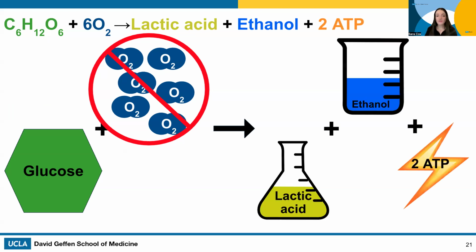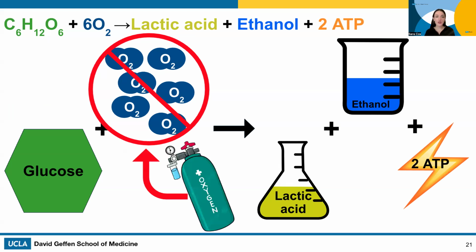Without oxygen, we end up with very little ATP, only 2 ATP, and that lactic acid buildup. That's why it's so important to give supplemental oxygen when our patient is lacking oxygen. This helps restore normal cellular respiration by providing oxygen to be the final electron acceptor, allowing those redox reactions to happen and us to go back to aerobic metabolism.